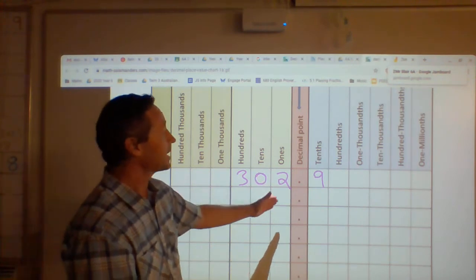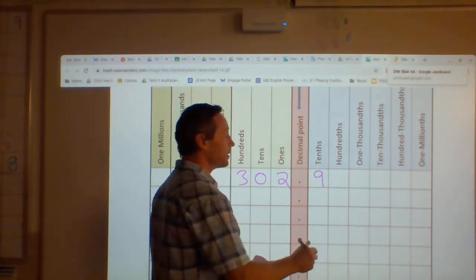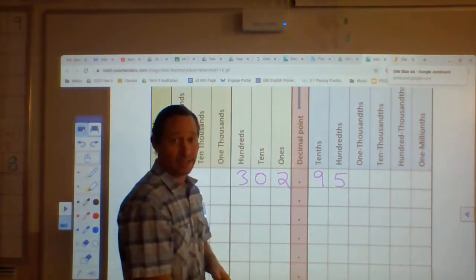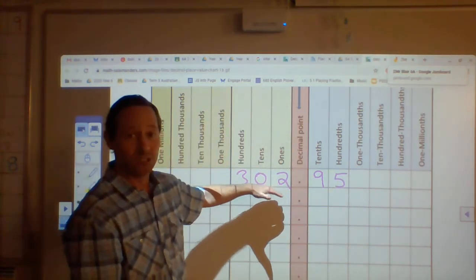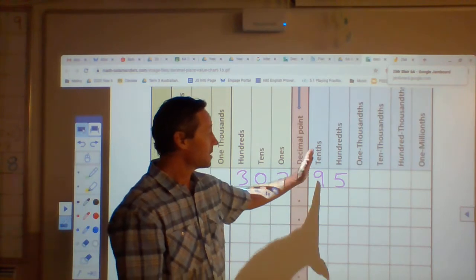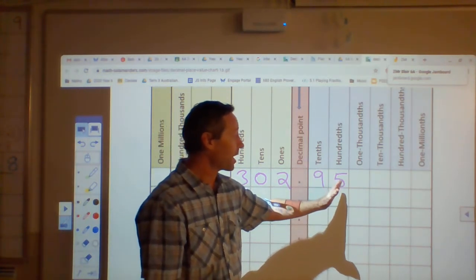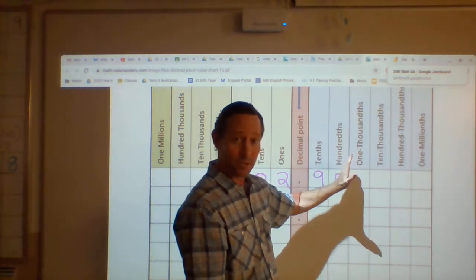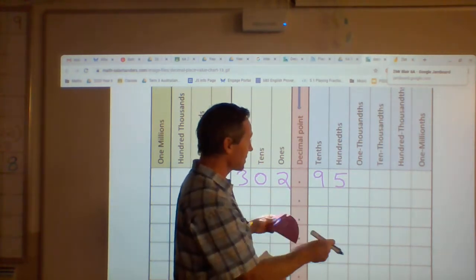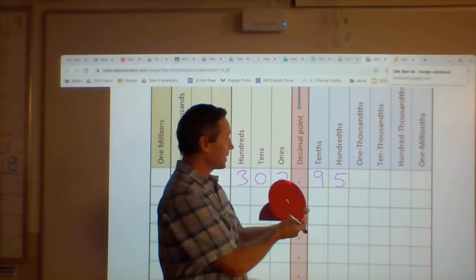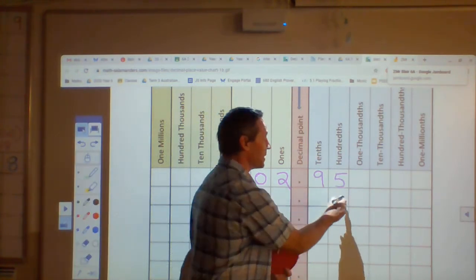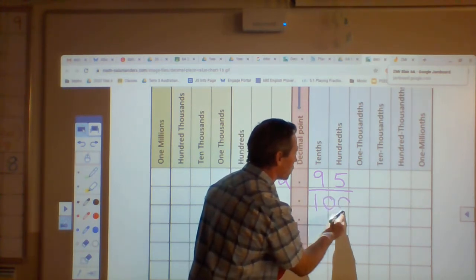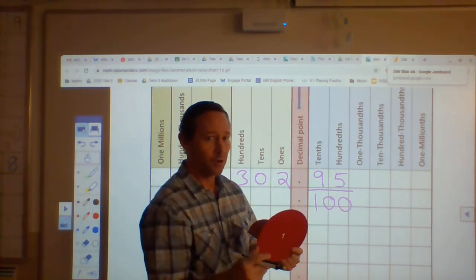302 and 9/10. If there was another digit here, I'd then pronounce this, we'll say 302 and 95/100. So whatever that last digit is in, that's what it's been cut into. So my pizza, in this case, has been cut into 100 bits. 95 out of 100. 95 hundredths.